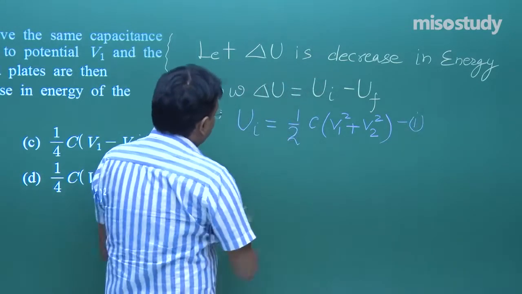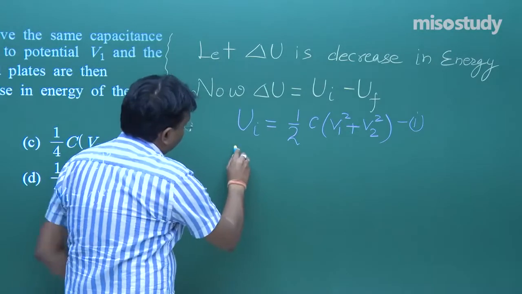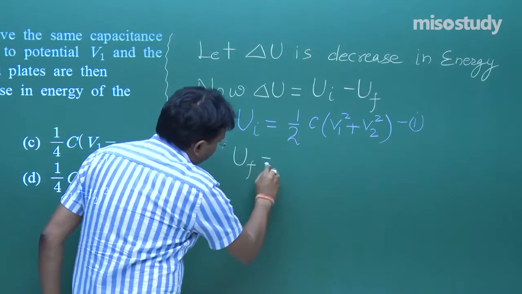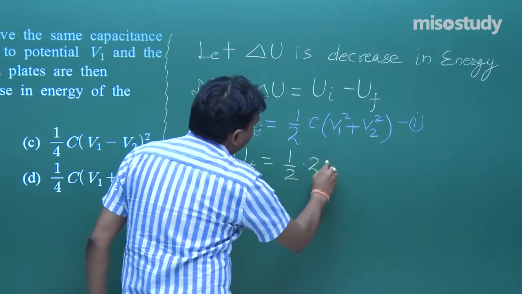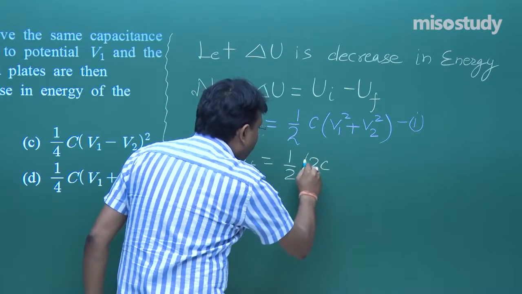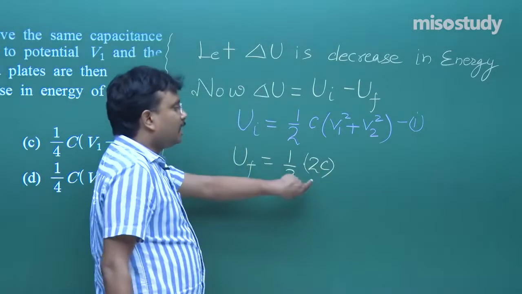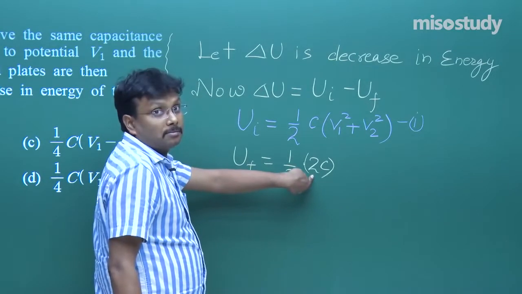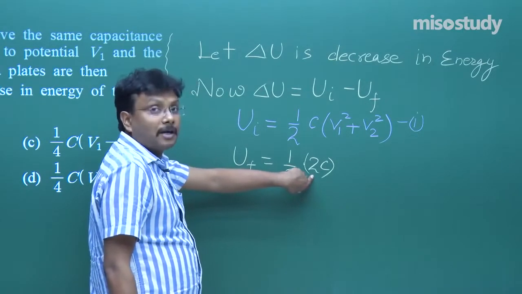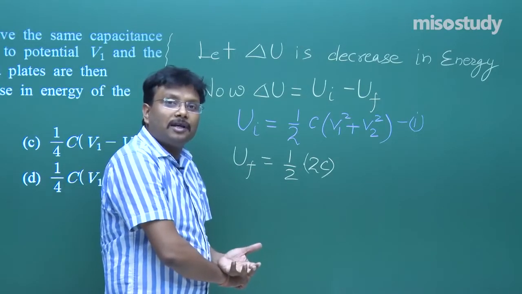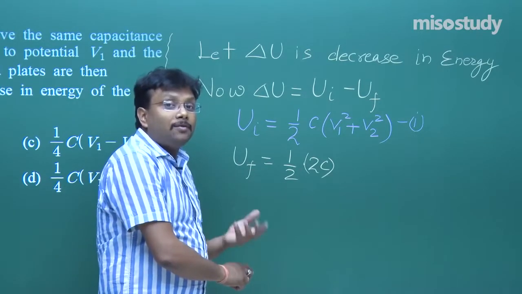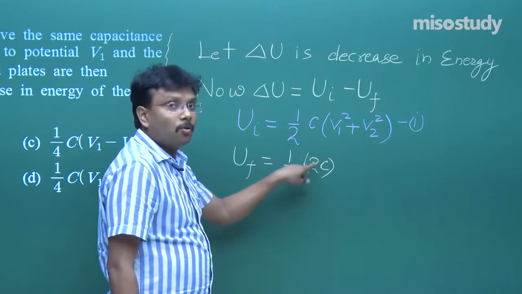Now, the final energy, U final, is equal to half into 2C. The answer to my question is hidden in this bracket, and that is why I am specifically mentioning it. What is the meaning of connecting positive charge plates or negative charge plates? That is hidden over here.